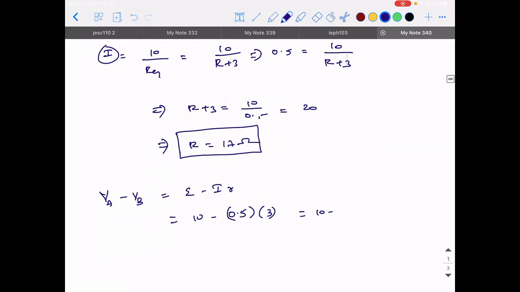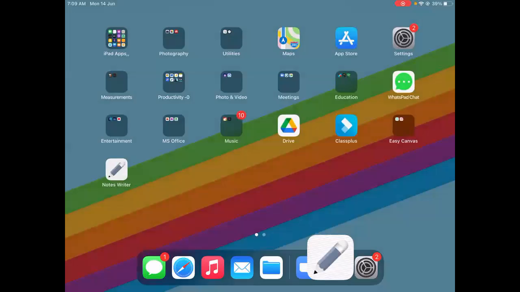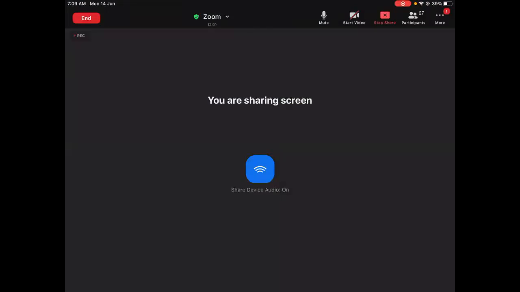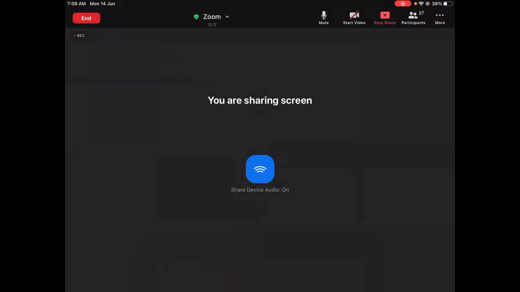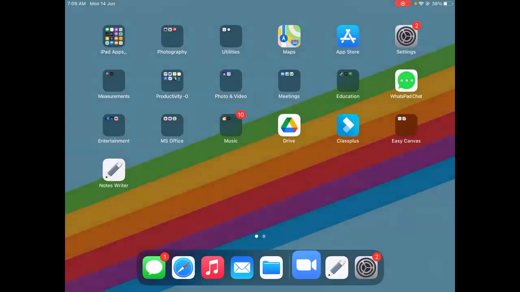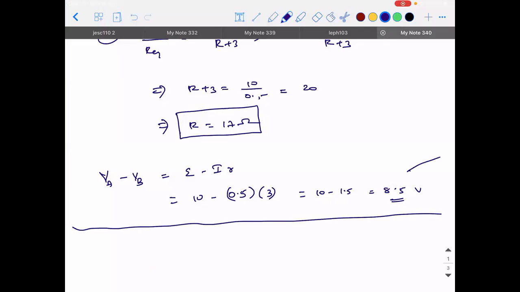So how much is this, guys? 10 minus 1.5, that is nothing but 8.5 volt. Clear? Okay, this is 8.5 volt.